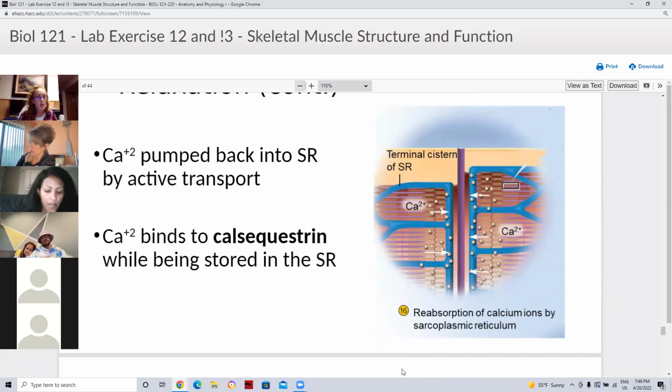And the calcium in the sarcoplasm will bind to calsequestrin and be stored in the sarcoplasmic reticulum. And once the calcium is gone, the tropomyosin moves over the actin's active sites, and myosin can't bind to actin anymore, allowing the muscle to relax.